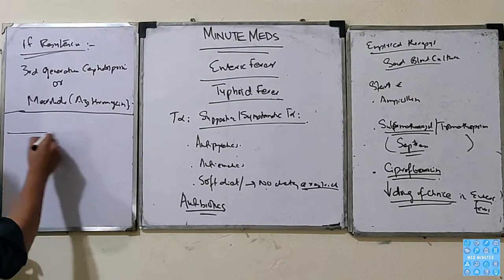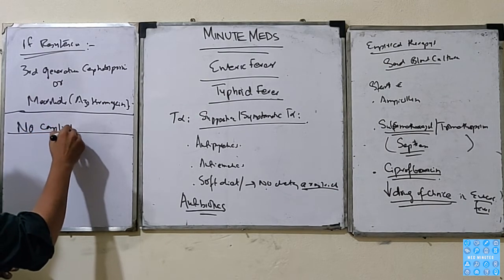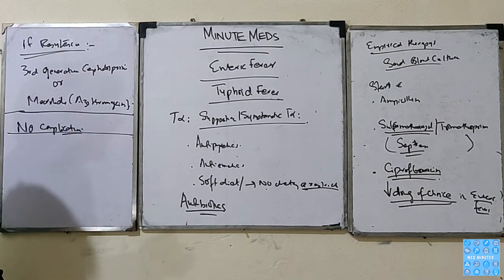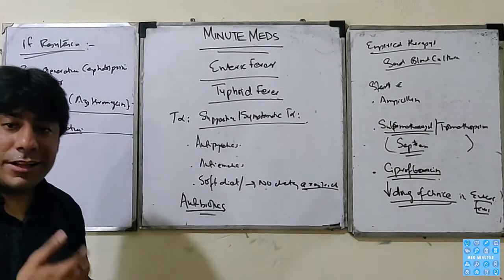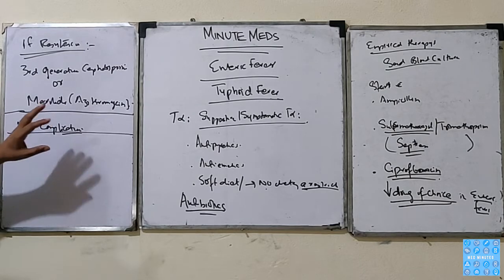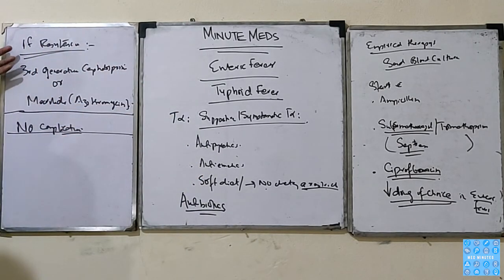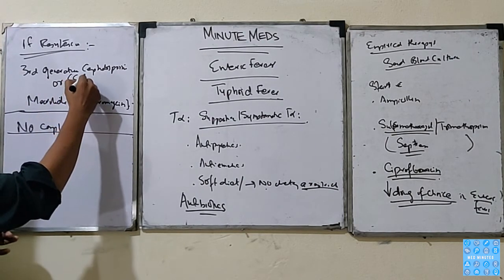These are for the patients who have no complications. What are the complications? Complications are intestinal perforation, hemorrhage, cholecystitis, osteomyelitis. So if the culture sensitivity shows that the patient is resistant to all these drugs, we can start with a third generation cephalosporin like ceftriaxone.